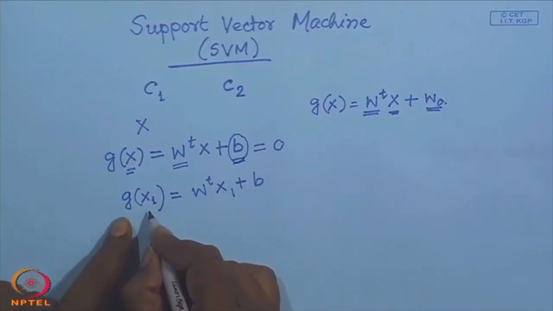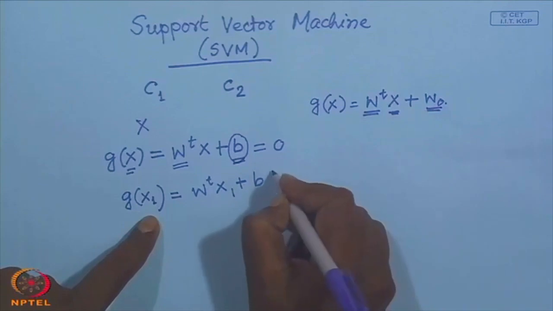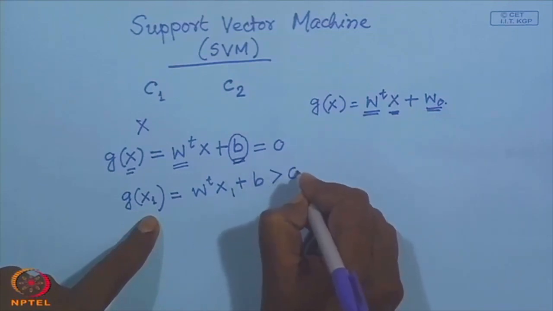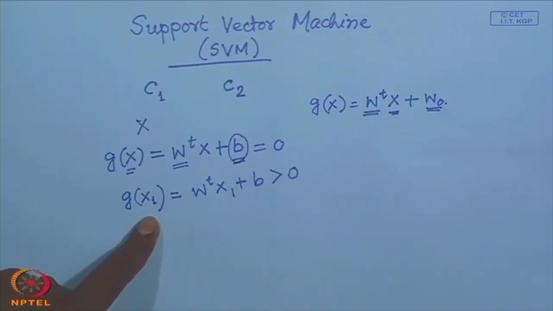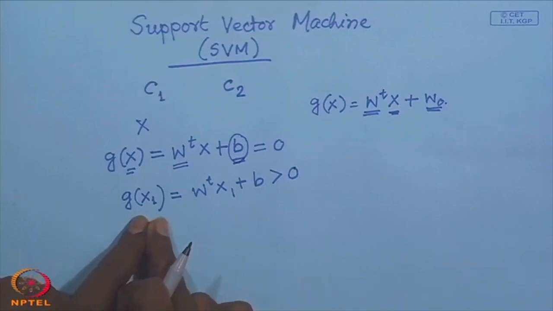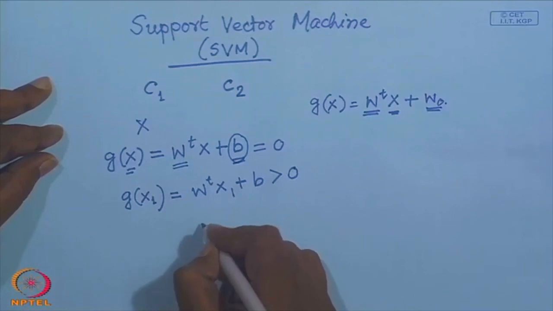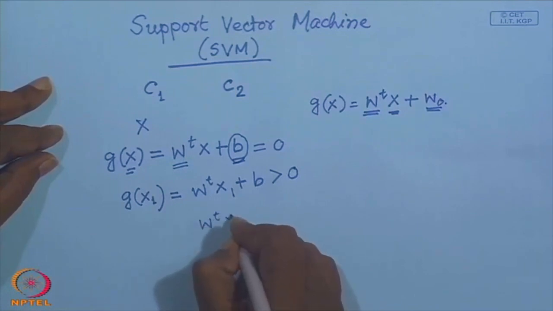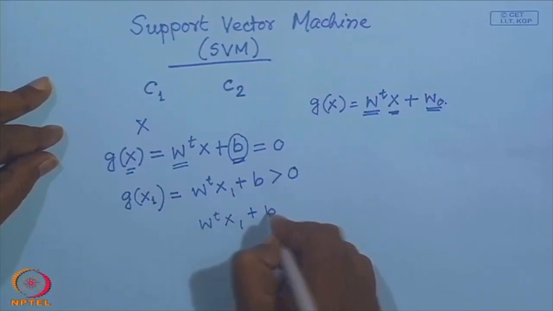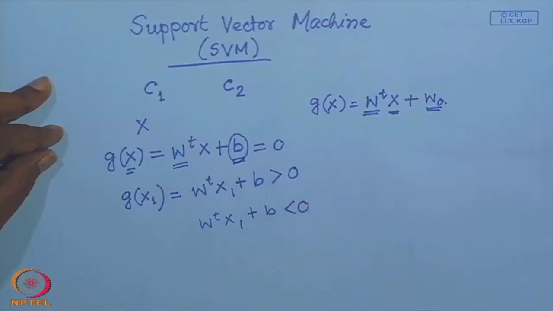If x 1 is on the positive side of the hyperplane, then w transpose x 1 plus b will be greater than 0. And if x 1 belongs to the negative side of the hyperplane, then w transpose x 1 plus b will be less than 0.